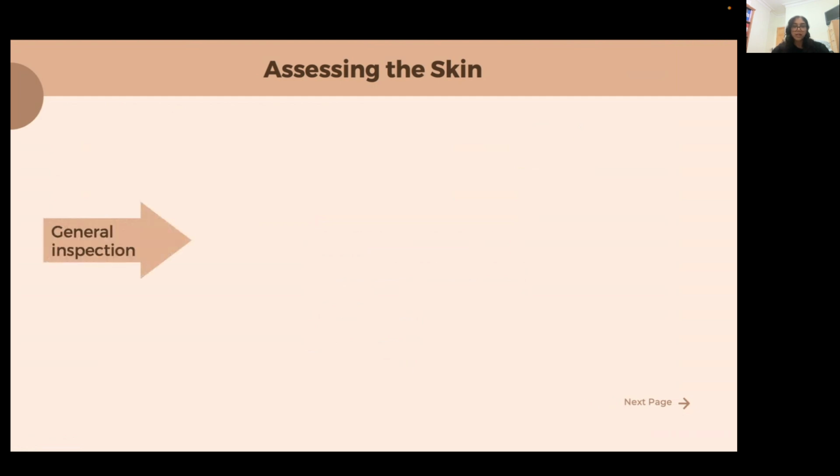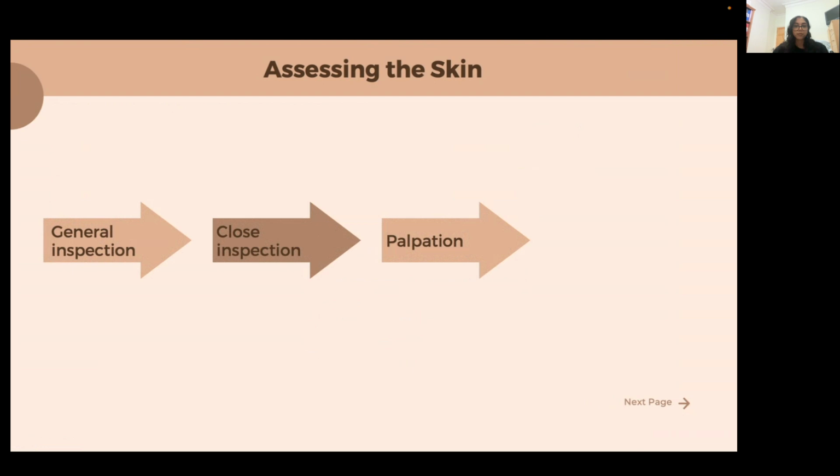Okay, so in terms of assessing the skin, it's important to have a systematic approach to how we're going to do it. So the way that I like to structure it is starting off like you would with any normal examination like cardio-resp. So general inspection of the patient, and then a closer inspection at the area that we're looking at, whether it's a lesion on the hand or scalp or wherever it is.